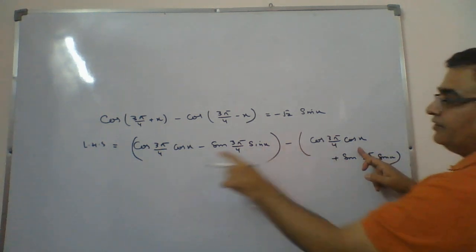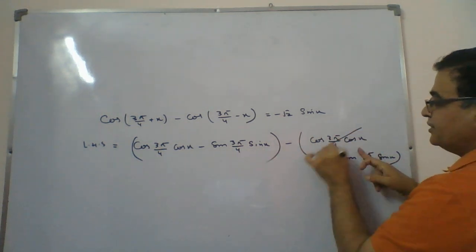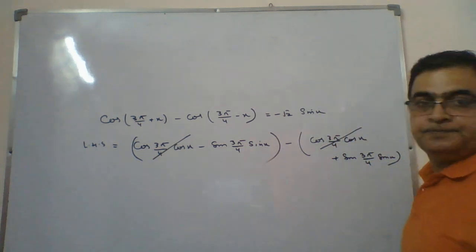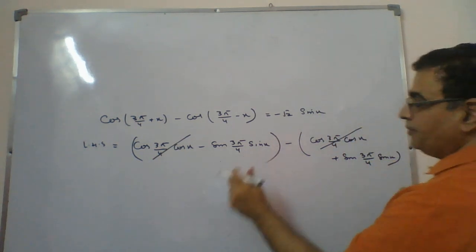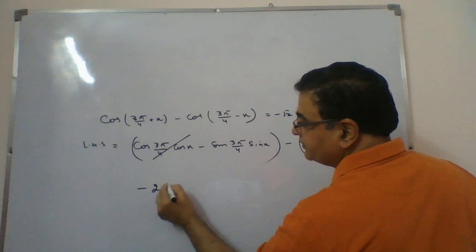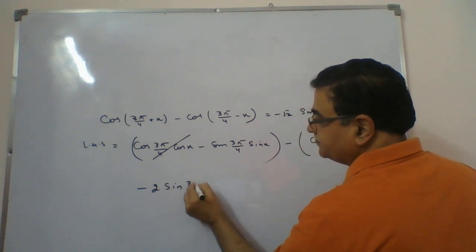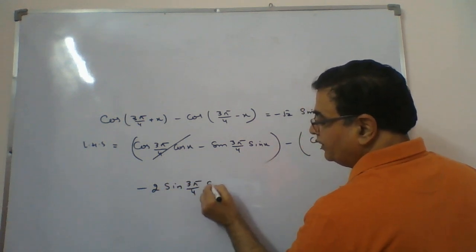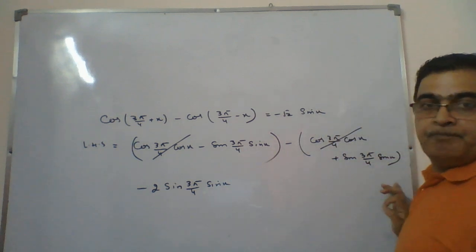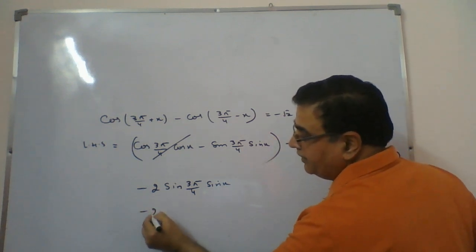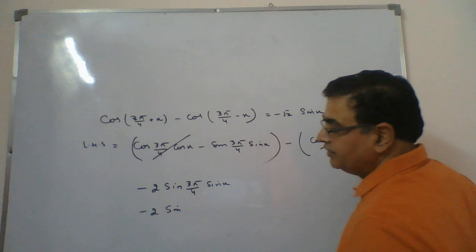This term and this term are identical and opposite sign, so these two get cancelled out. This and this will become twice, so it will be coming minus 2 sine 3 pi by 4 and then sine of x, which you can write minus 2 sine 3 pi by 4.